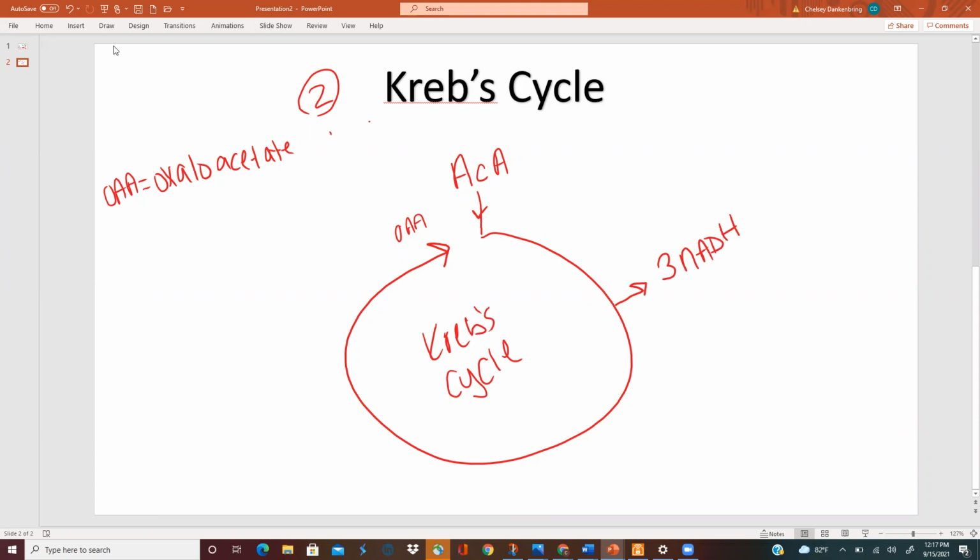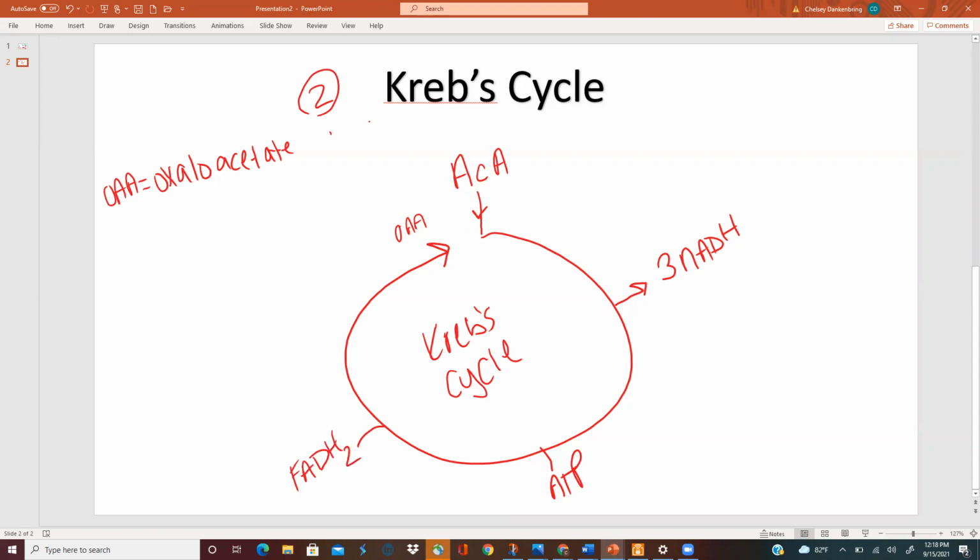We're also going to make 1 molecule of ATP, and 1 molecule of FADH2.